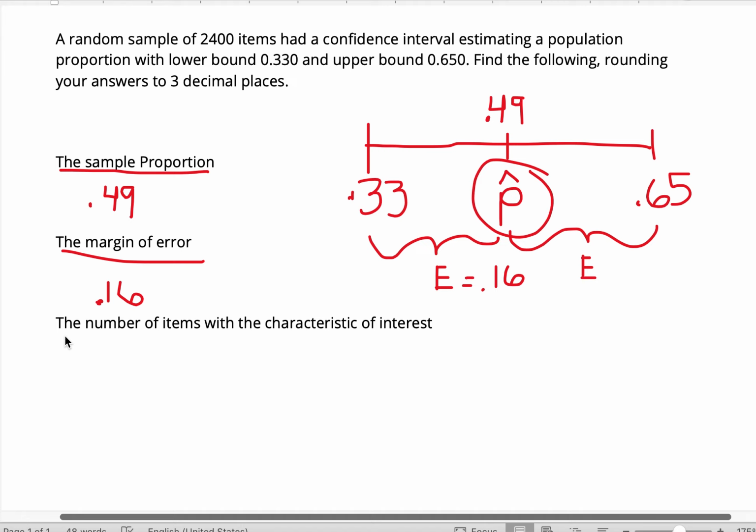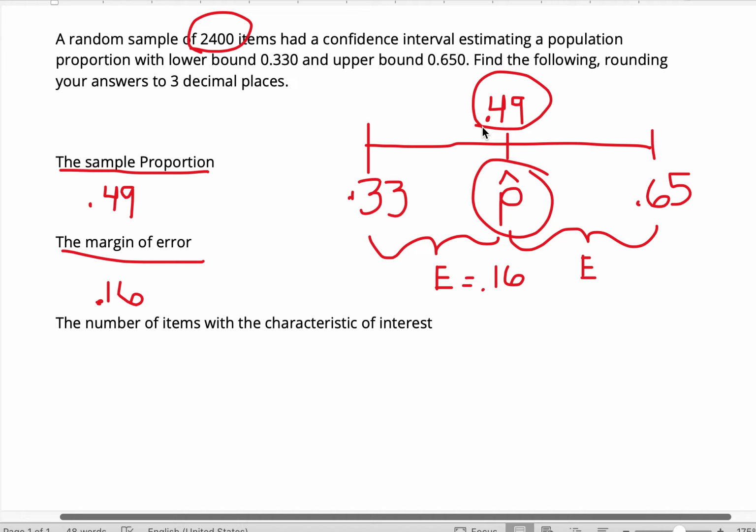Now, the last part of this question says, what is the number of items with the characteristic of interest? So, if we know that when we took 2,400 items, we found that 49%, or when we look at it as a decimal, 0.49, we found that 49% of that 2,400 had the characteristic that we were looking for.